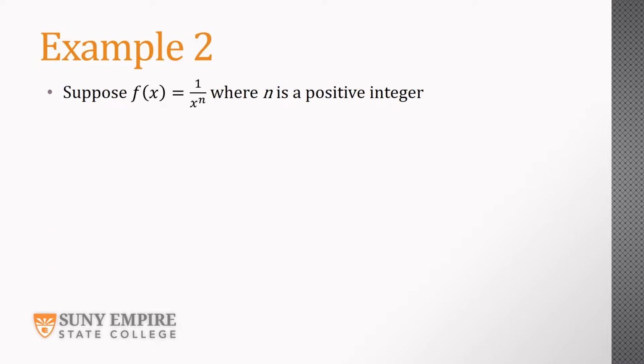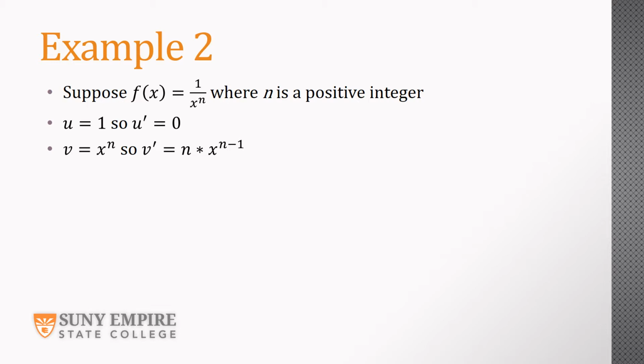What happens if we have an example that is not trigonometric in nature? What if our function is 1 over x raised to a positive integer n? The u is the constant function 1, which has a derivative of 0. The v is the function x raised to the nth power.